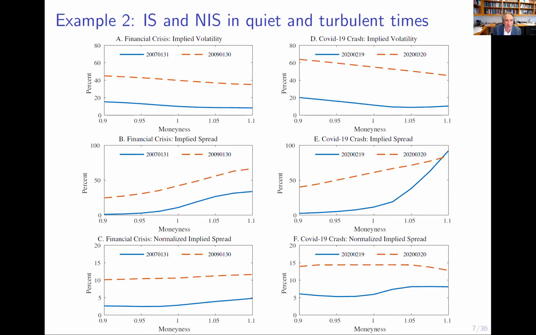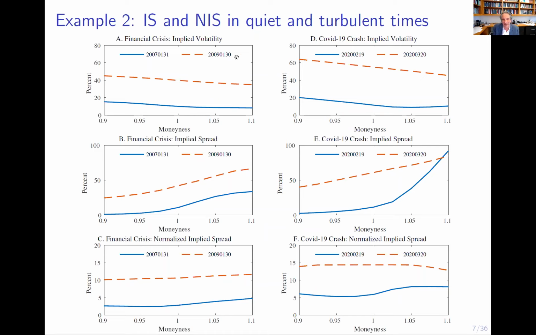This is just an example about what happens to all these quantities during good and bad times. In our sample, we have two big crises. One is the financial crisis on the left axis. The other one is the COVID crash on the right-hand side. And you see that everything moves exactly as you expect.